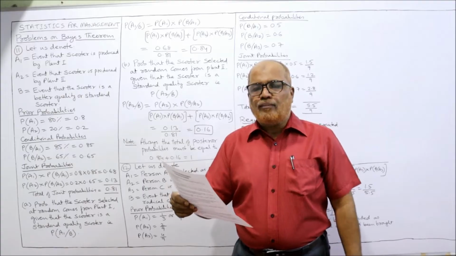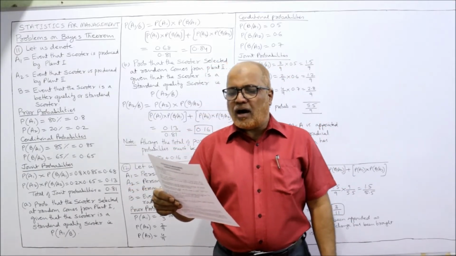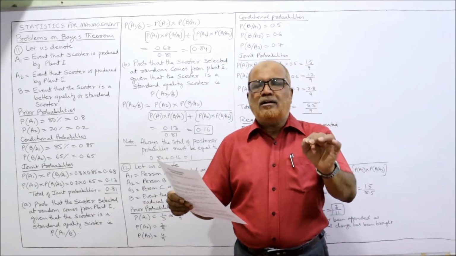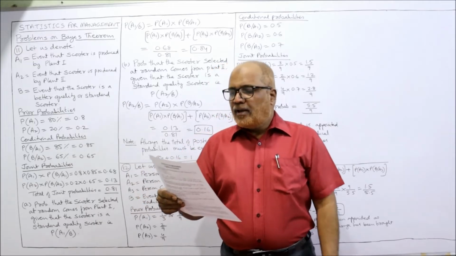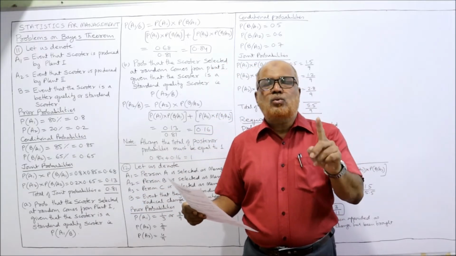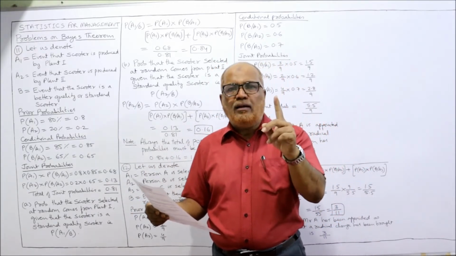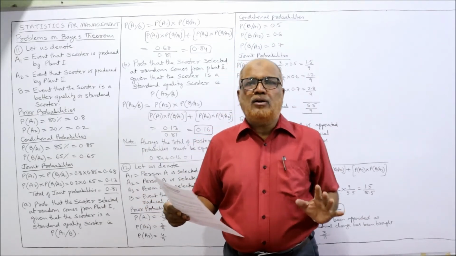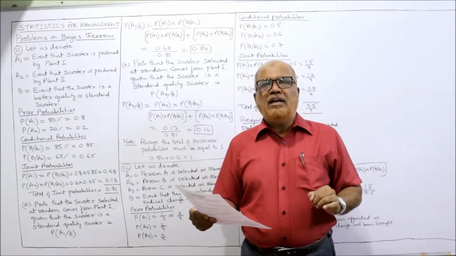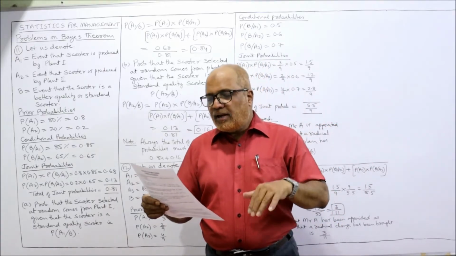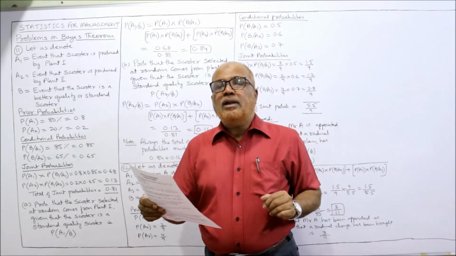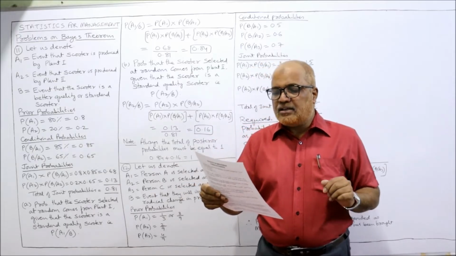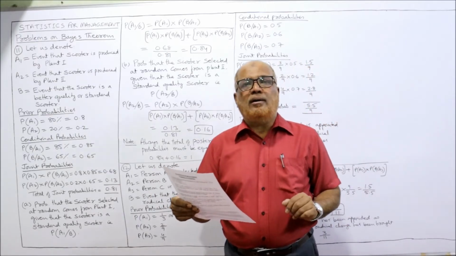At plant 1, 85 out of 100 are rated standard quality or better. That means out of every 100 scooters produced by plant 1, 85 of them are standard or better quality. Remaining 15 are defective. Similarly, at plant 2, only 65 out of 100 are rated standard or better quality.